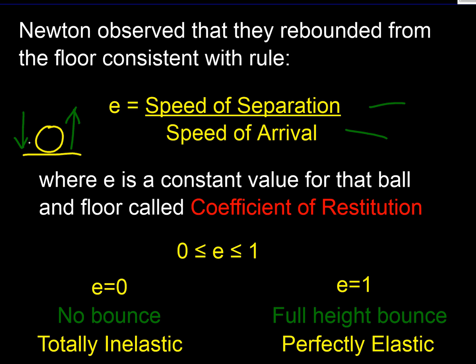And usually the speed of separation that it goes up is going to be less than the speed it goes down. That's what we see in real life, isn't it?